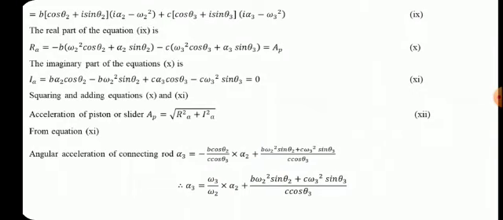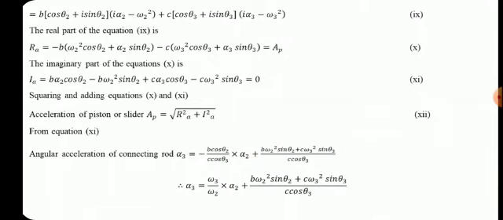The real part of this equation 9 is RA equal to minus b (ω2 square cos θ2 plus α2 sin θ2) minus c (ω3 square cos θ3 plus α3 sin θ3), which is the acceleration of the piston.